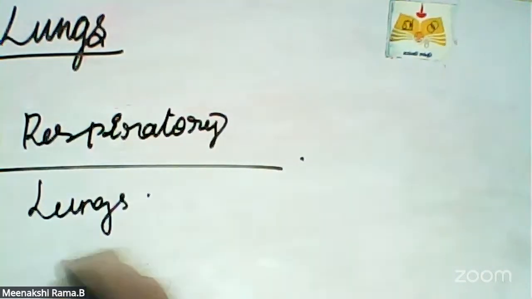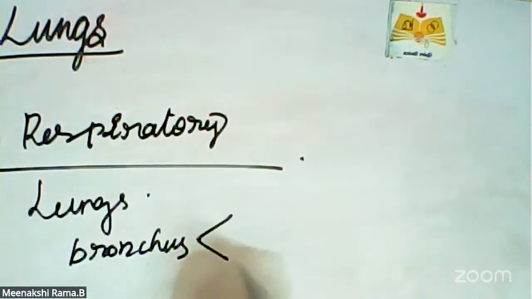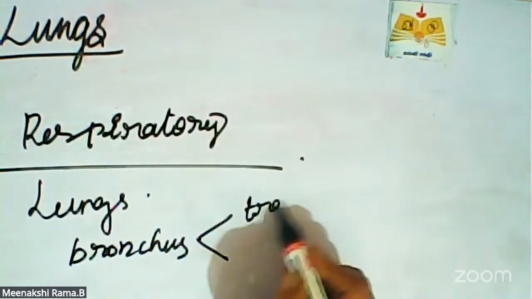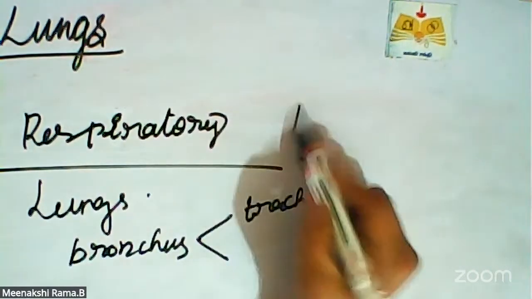It consists of the bronchus. The bronchus is divided into two parts, that is the trachea part, and then further divided into bronchioles and alveoli. Humans have two lungs.